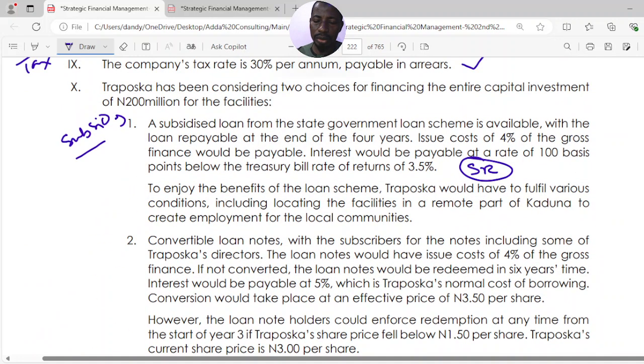You are told that interest will be payable at a rate of 100 basis points below the treasury rate. Treasury rate is the same thing as the risk-free rate of return. The risk-free rate of return is the rate of return associated with government security, which is 3.5. 100 basis points is 100 divided by 100, that's 1%. So 3.5 minus 1, that's 2.5%.